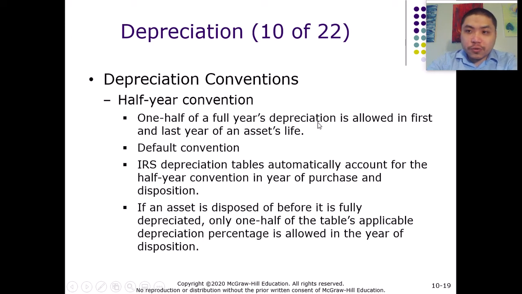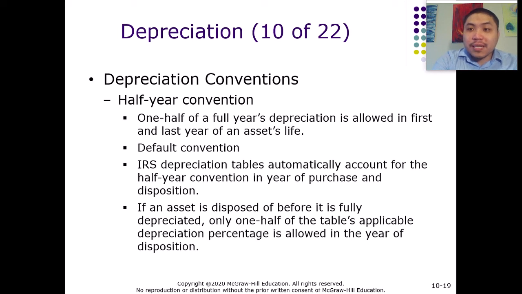So those business owners put the asset into service on December 31st instead of, say, January 1st. December 31st and January 1st make no difference to them, but somehow they choose to start using the asset on December 31st so that they can claim the half-year convention, the half year of depreciation expense.